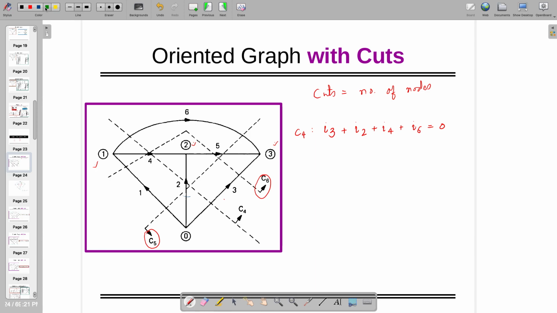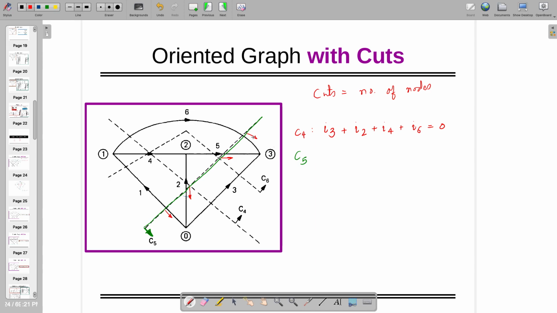But when we are writing for, let's assume that we are writing for C5. So what is C5 going to do here? So C5 is like this. If it is going this way on this particular line, this will be like this, this will be like this, this will be like this, and this will be like this.